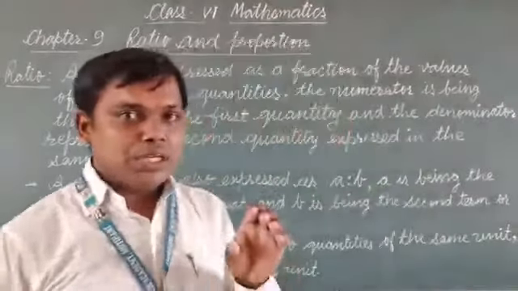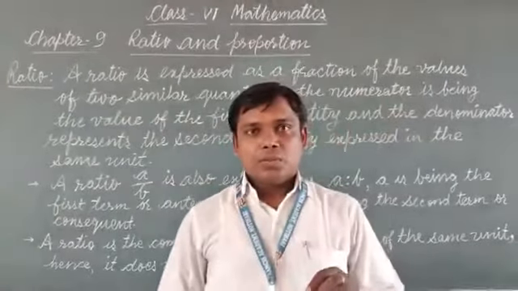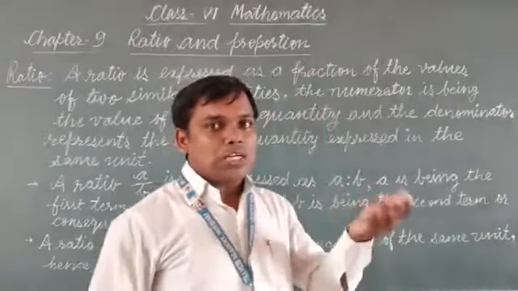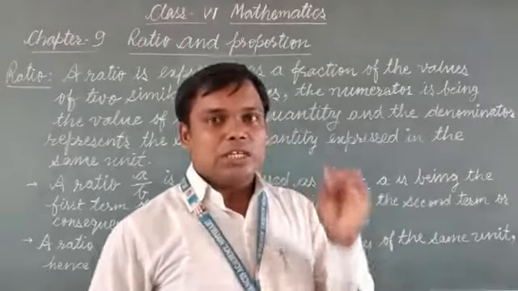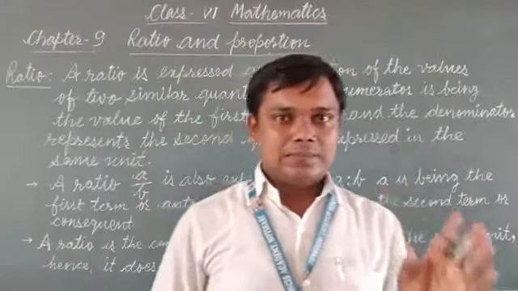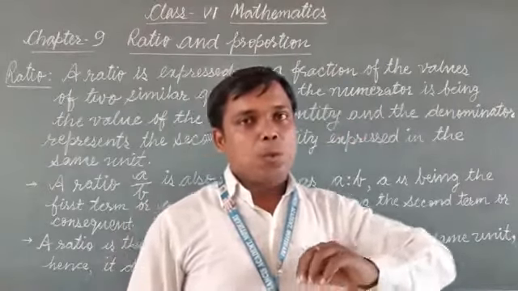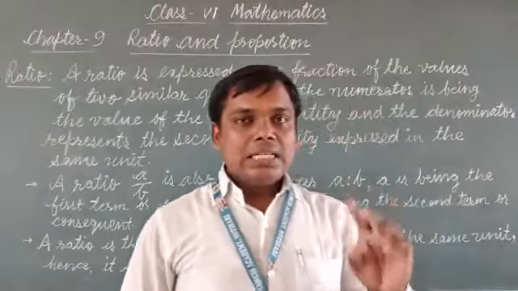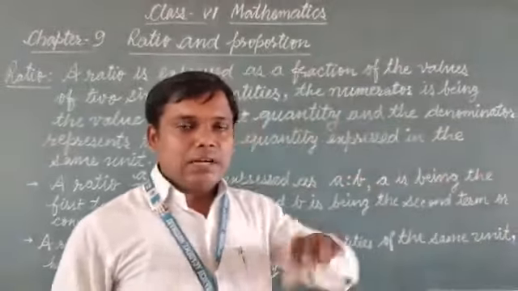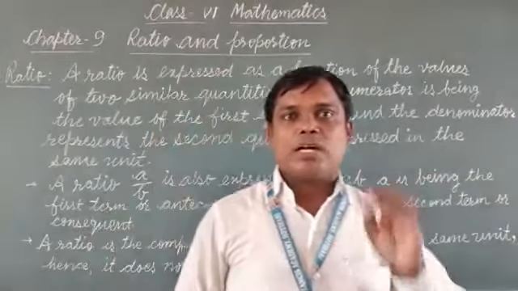If we have to calculate the ratio of two quantities, we can calculate it if and only if both quantities are in the same unit. For example, if we have to calculate the ratio of lengths, then we have to write both lengths in the same unit. Suppose one is in meters and another is in centimeters, then we have to convert either from meters to centimeters or centimeters to meters. Then we have to find the ratio.